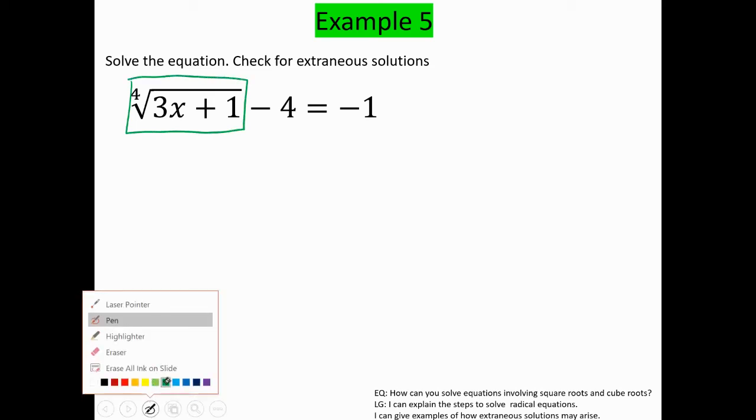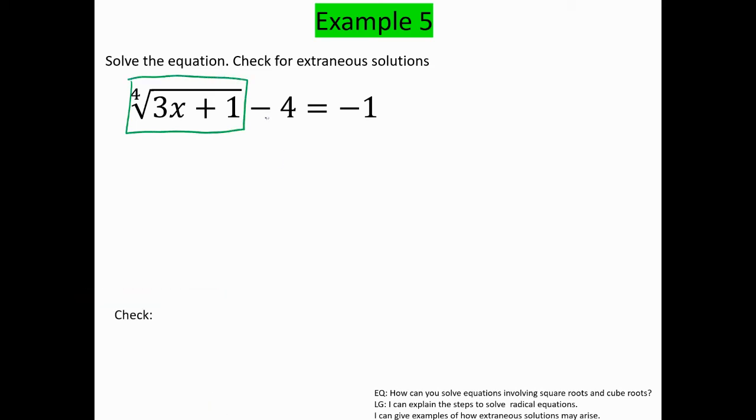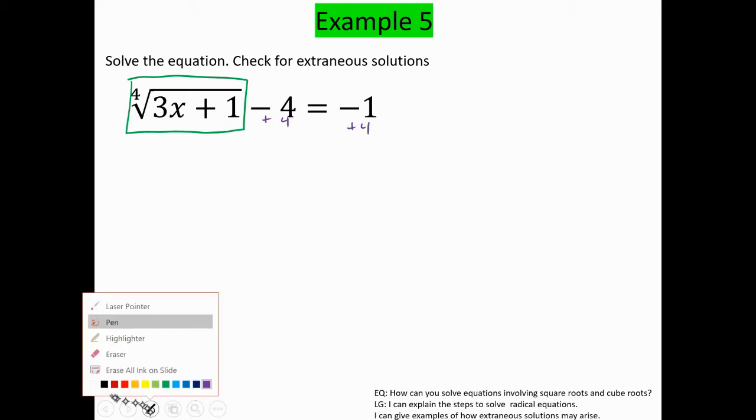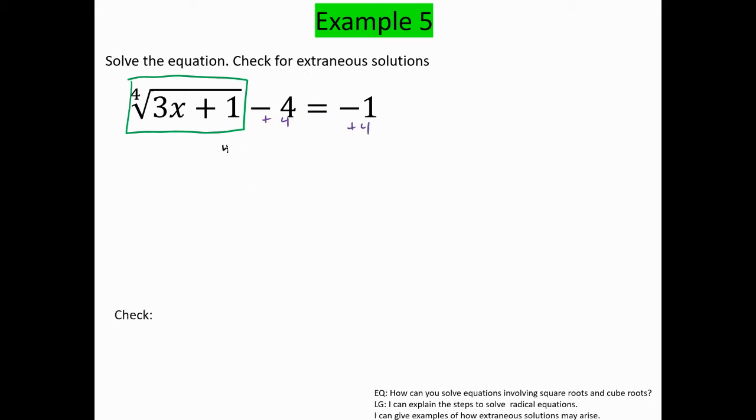So we need to move that 4. I'm going to add 4 to each side. I'm going to write smaller today. There we go. So we have the fourth root, just bring that down, of 3x plus 1 equals 3, because 4 minus 1 is 3. Now, since our index is 4, we're going to raise it to the 4th power each side.